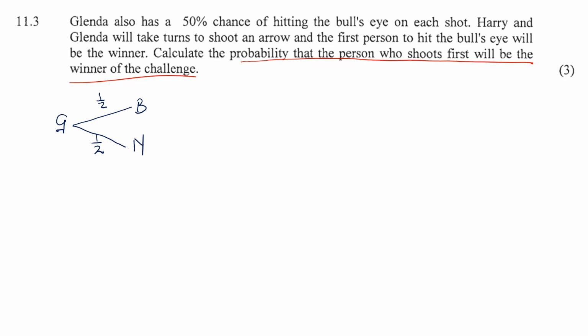Glenda will only win at this point if she hits the bullseye, and that probability we already know: it's 1/2. But that's not the only possibility. We chose Glenda to shoot first, but let's say Glenda misses. Then it's Harry's turn, so we call Harry.